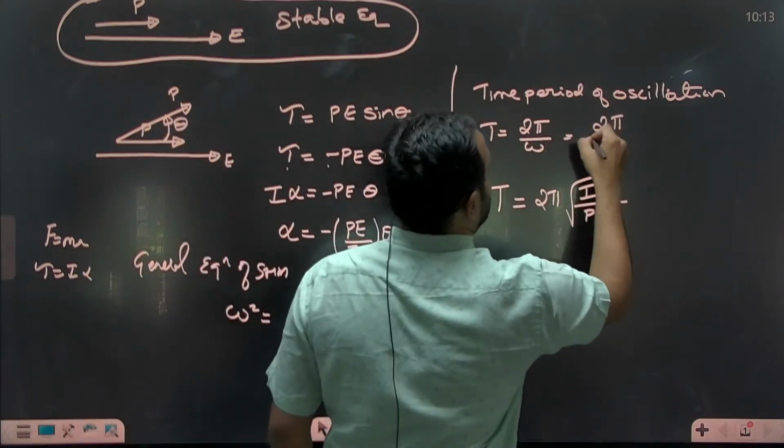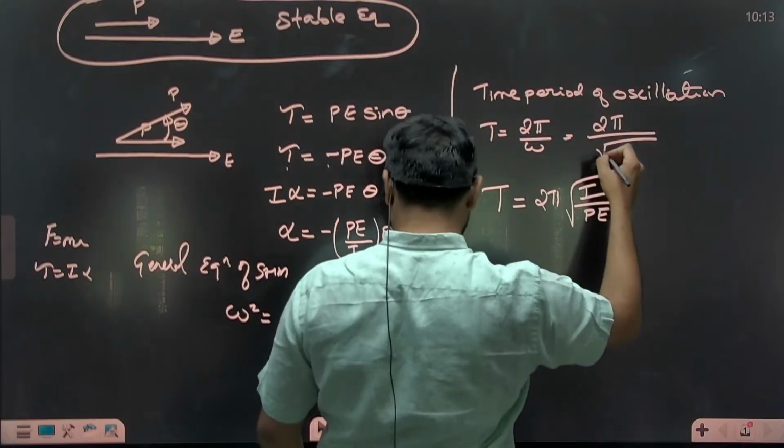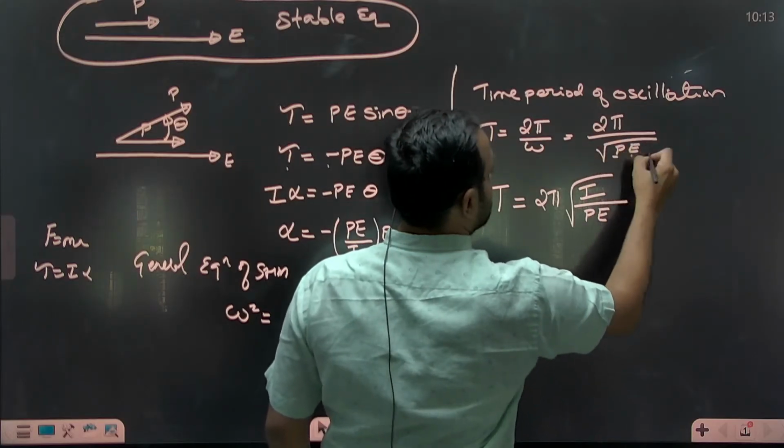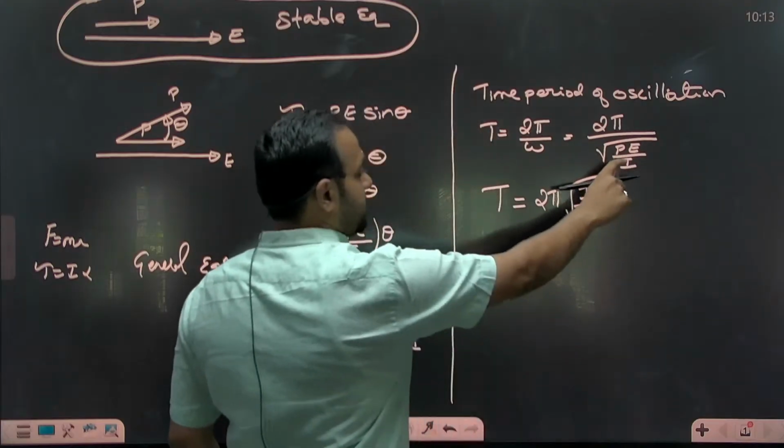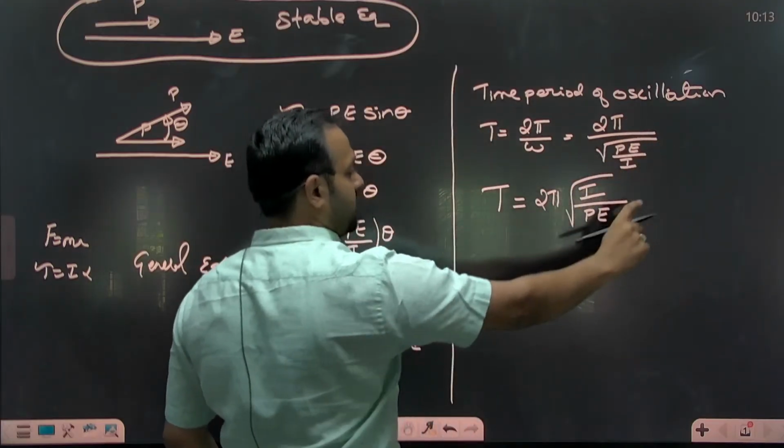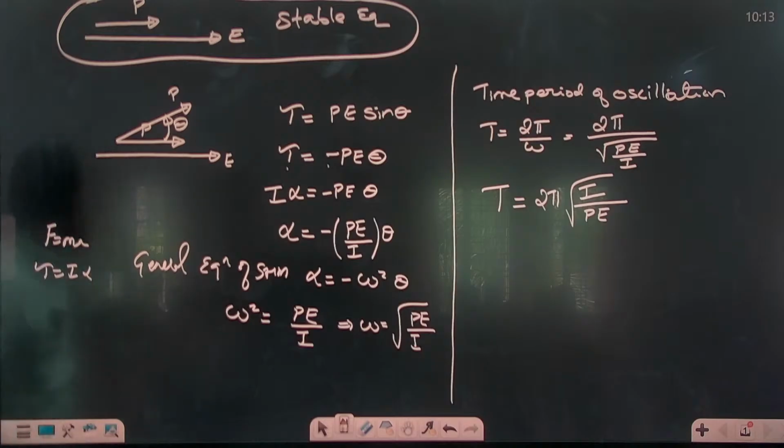If you want one more step, 2 pi divided by under root of omega, where omega is PE divided by I. So the denominator root goes to the numerator and you can write it as 2 pi root of I divided by PE.